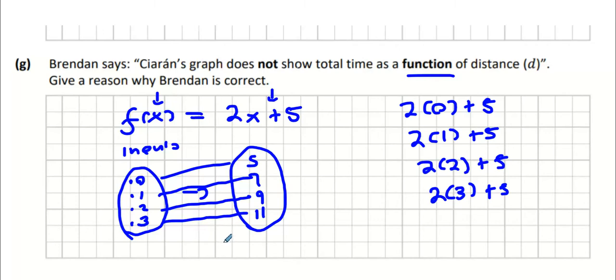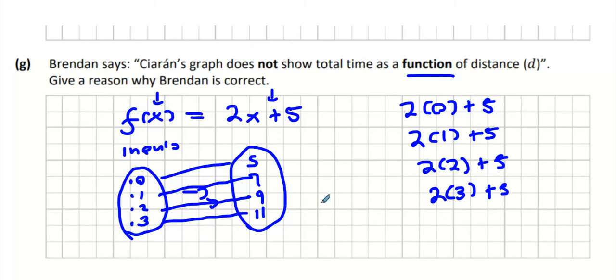Now there's a rule in functions. The rule is inputs can only have one output. So 2 goes to 9, 1 goes to 7, 0 goes to 5, and 3 goes to 11.